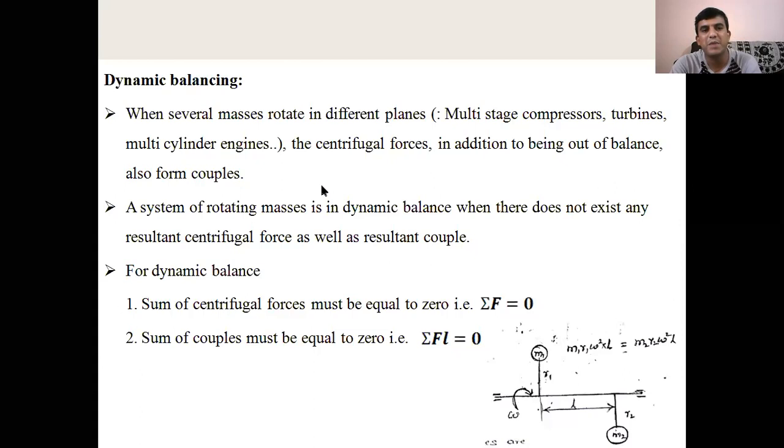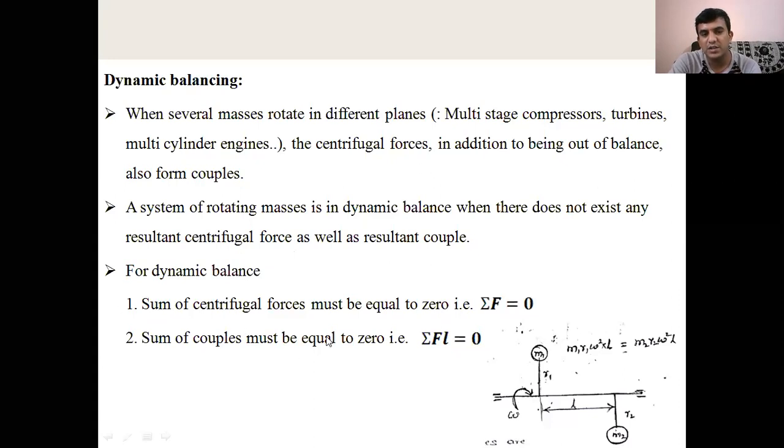The masses are rotating in different planes. Then if you want to balance here, what will be the condition? The dynamic imbalance produces a couple, that is, a moment. To balance, first, the sum of centrifugal forces must be equal to 0, that is, the vector sum of all the forces acting on the body is 0.